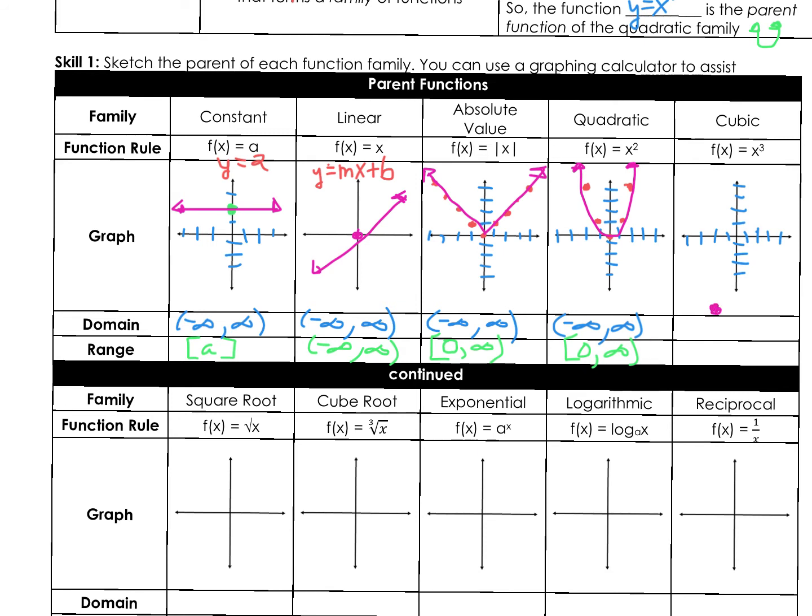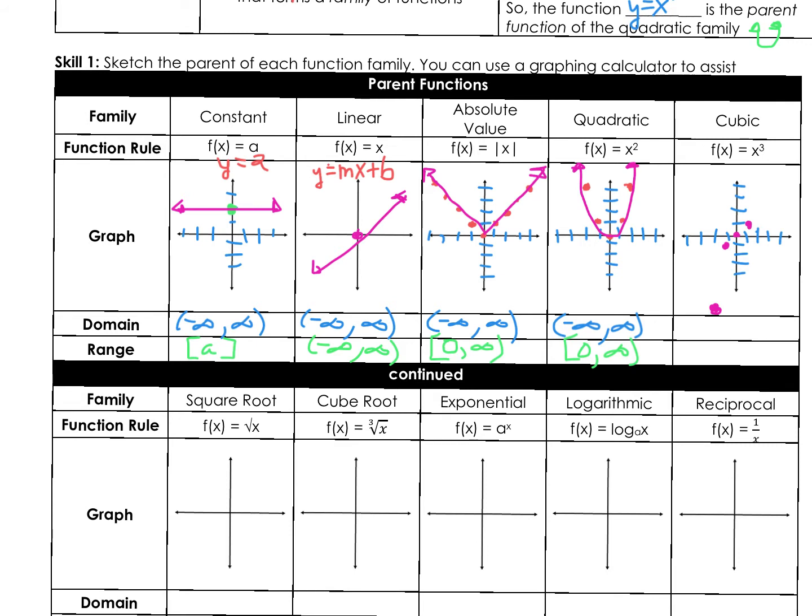It's probably further than that, but that's where I'm going to go. And then if I take -1 and cube it, -1 times -1 times -1 is -1. And if I take 0 and cube it, 0 times 0 times 0 is 0. Take 1 and cube it, 1 times 1 times 1 is 1.